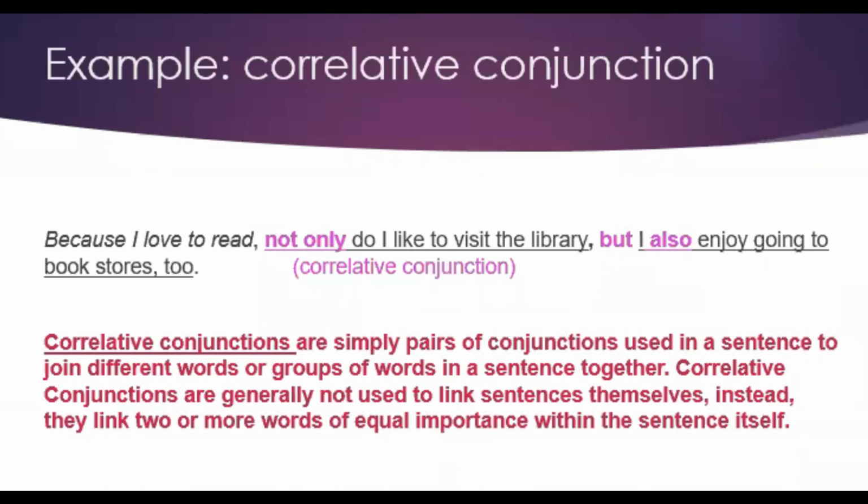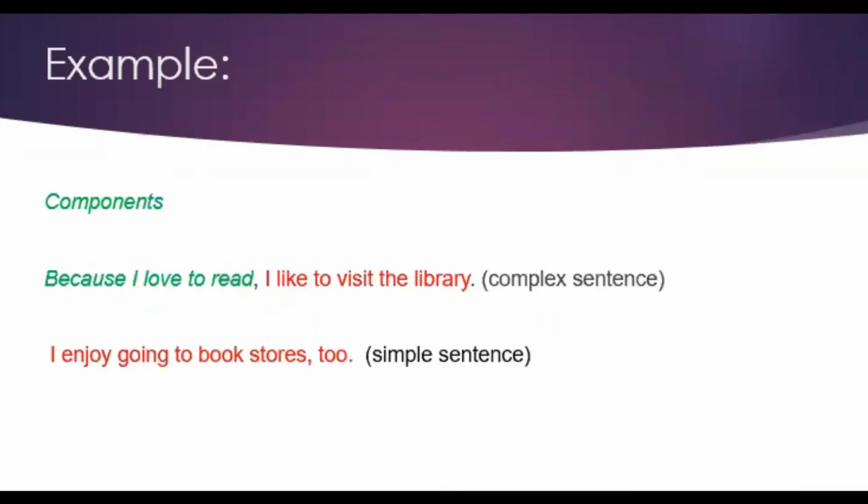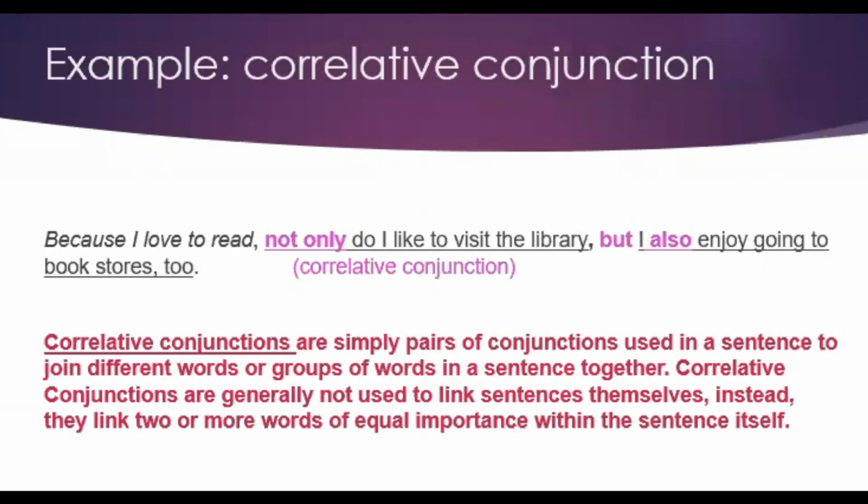And so let's go back to our components quickly. Just to refresh your memory here with our components. And this is how it's all put together. So this is using a correlative conjunction. Correlative: "co" means it's two conjunctions.